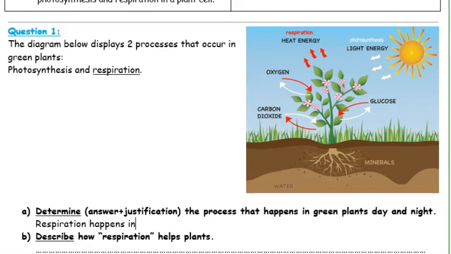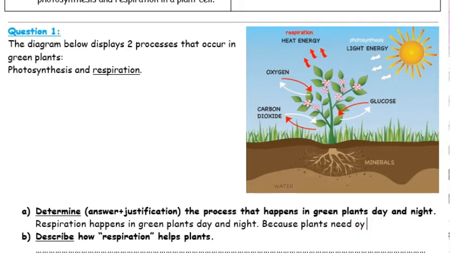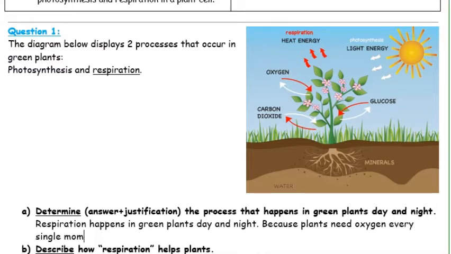So respiration happens in green plants day and night because plants need oxygen every single moment, and this process doesn't require any energy.